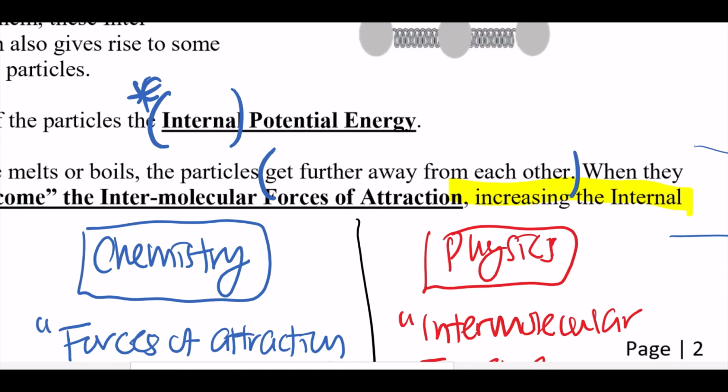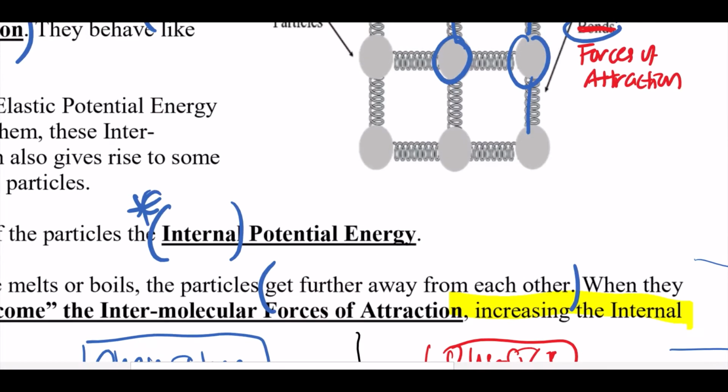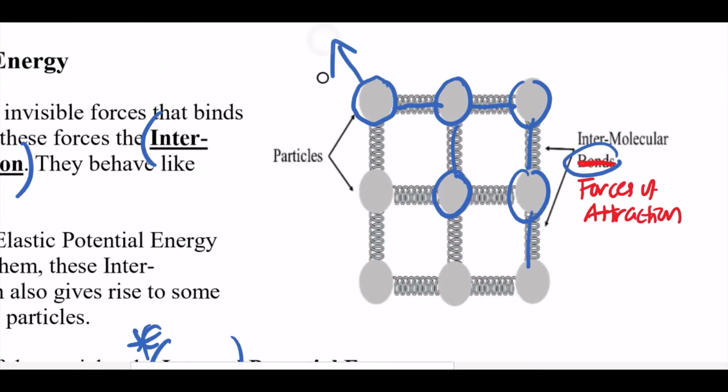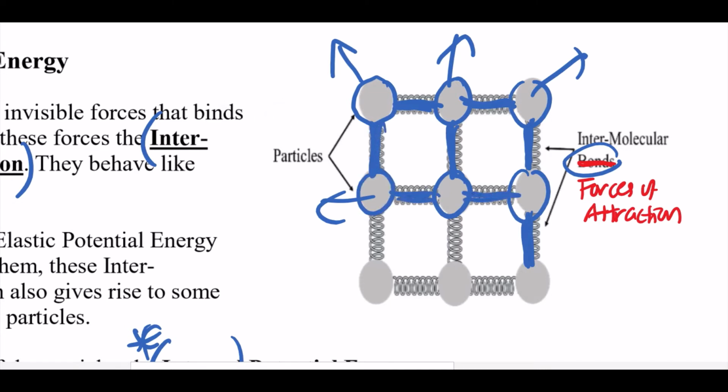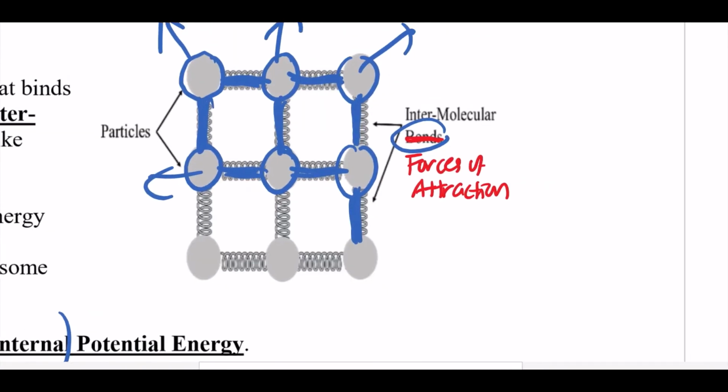For example, from solid to liquid, the arrangement of the particles changes from closely packed in fixed orderly positions to slightly far apart, so they get further from each other. Now, when the particles get further from each other, what happens to these forces of attraction? Maybe you get it correct, they get stretched.